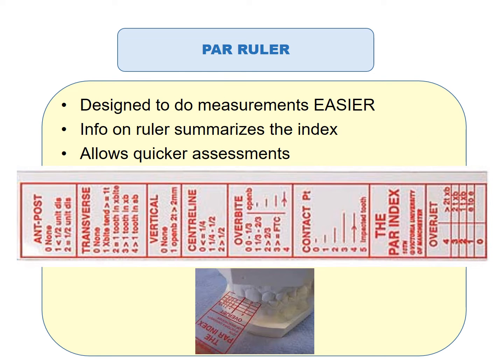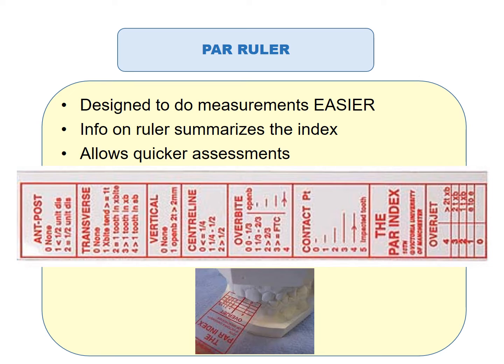Now, there is such a thing called a PAR ruler. It is designed to make the measurements easier, and there's information on the ruler which summarizes the index, which allows for quicker assessments.